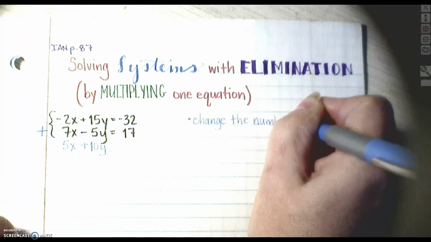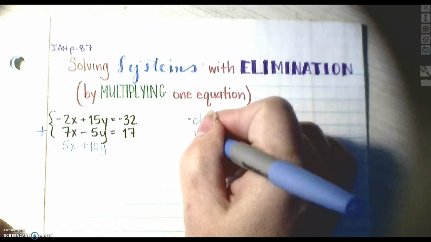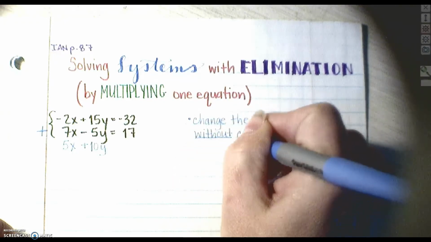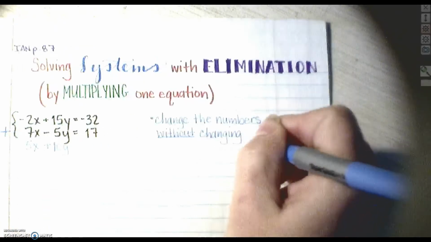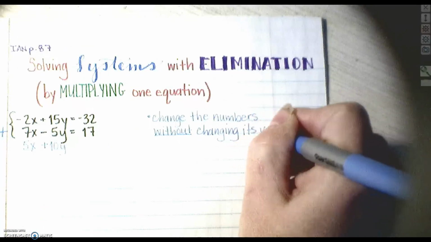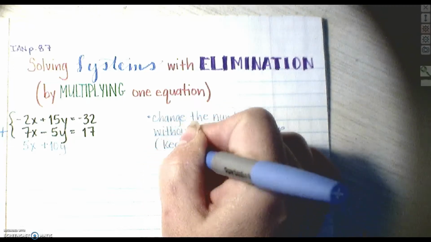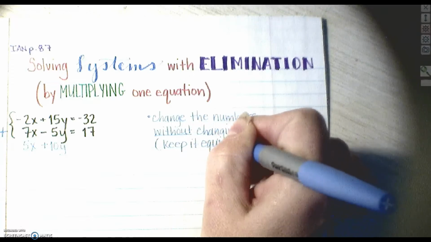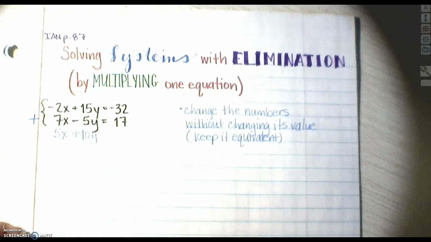We need to change the way the equation looks without changing its value. In other words, we need to keep it equivalent. And we learned how to do that in class with our Desmos activity.